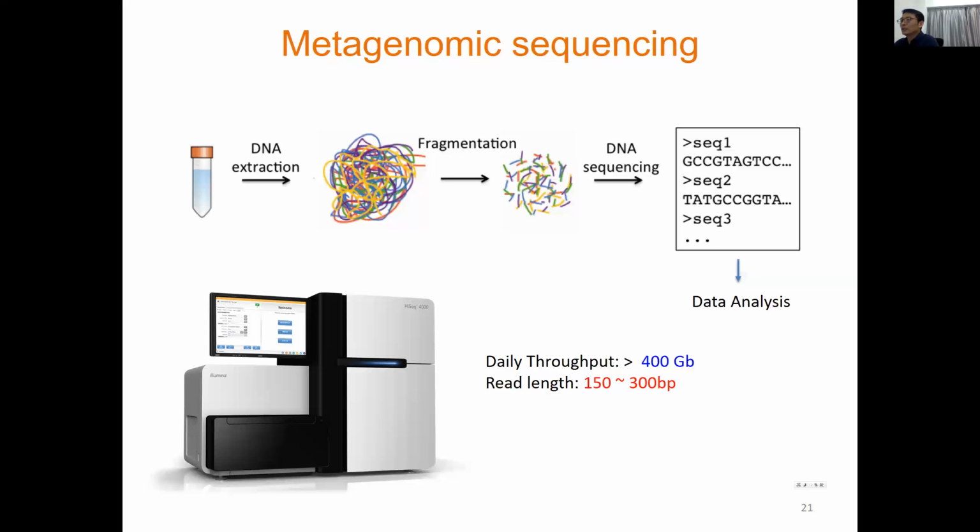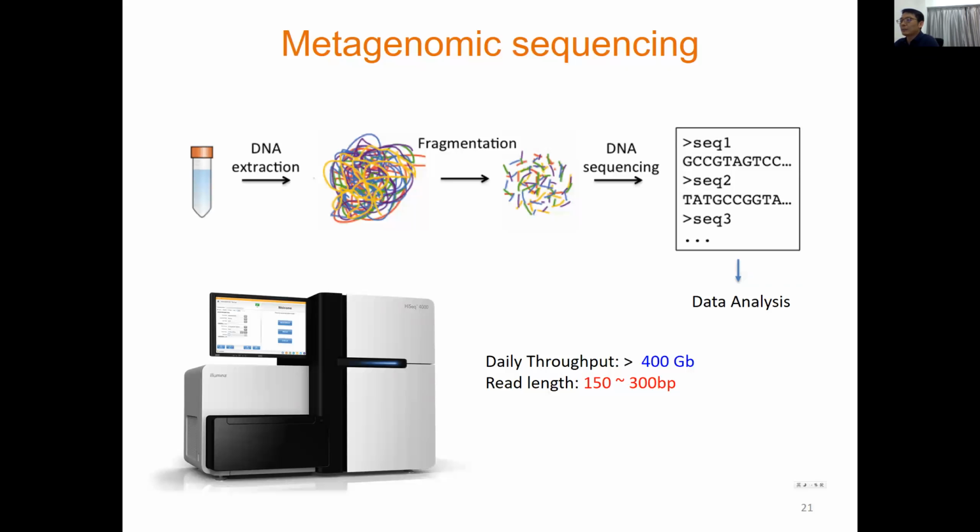Currently, the sequences we get are usually very short. For example, the sequence length of the Illumina sequencer is only about 115 to 300 base pairs. That's very short. Although some other companies have developed machines that can generate long sequences, their error rate is usually very high.